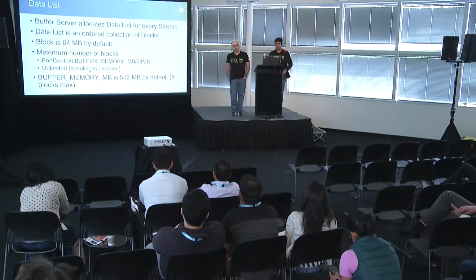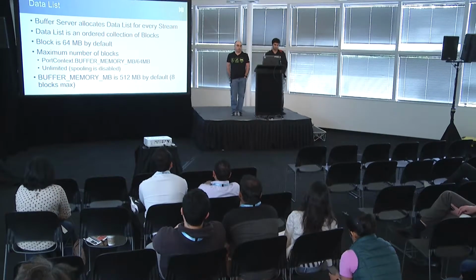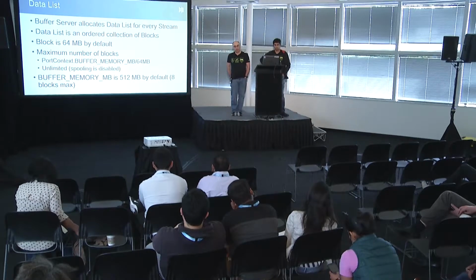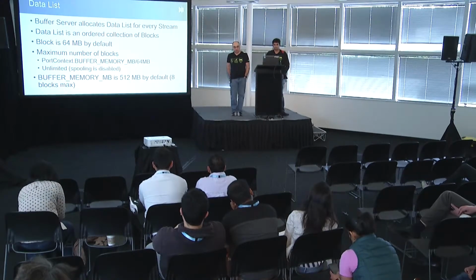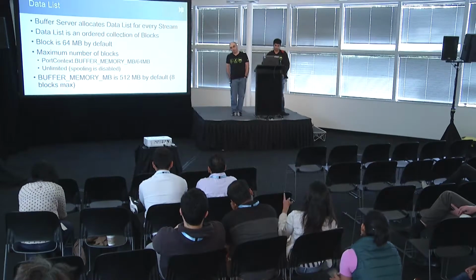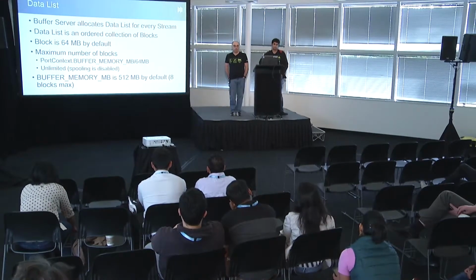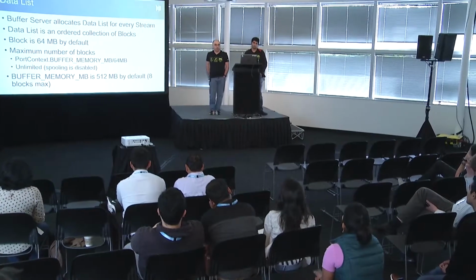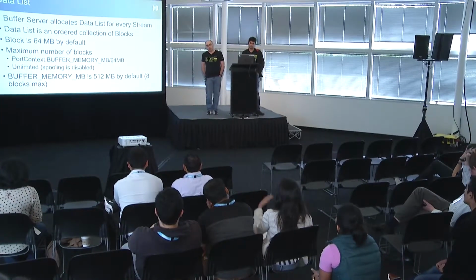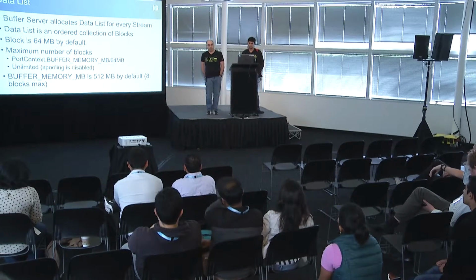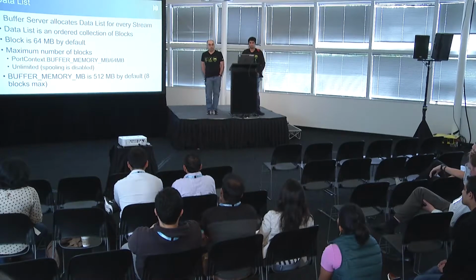It's the amount of memory that Apex allocates for a container, the sum of all operators' memory plus buffer server memory. So if there is one operator that requires, let's say, 4 GB of memory and has one output port, it will be 4.5 GB that YARN will reserve for that container.